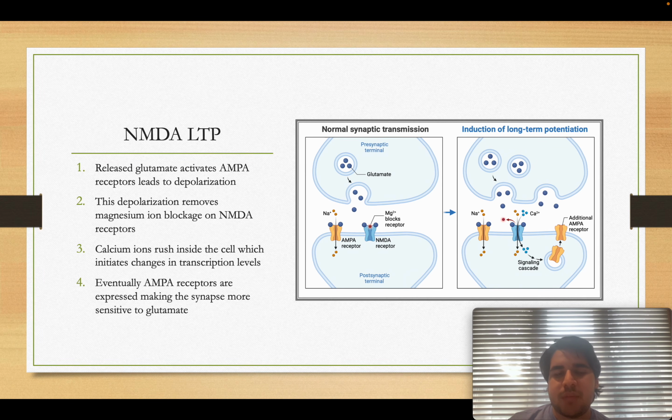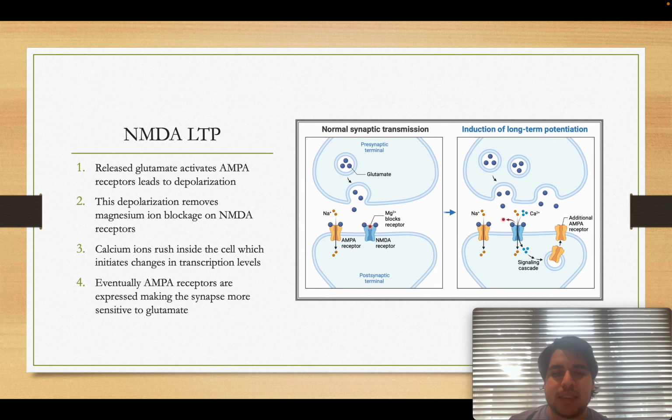After this wave of depolarization, if it's repeated multiple times and if it's strong enough, then eventually the magnesium ion that was blocking the NMDA receptor gets removed, and the calcium ions start rushing inside the cells via the NMDA receptors.